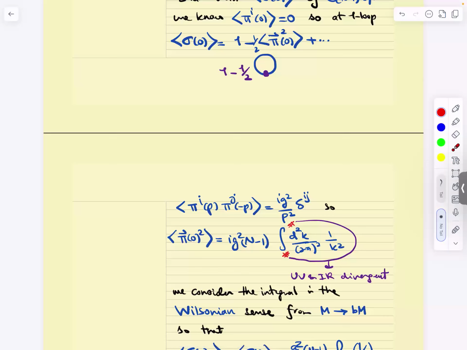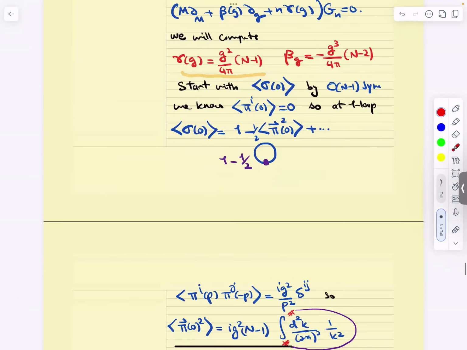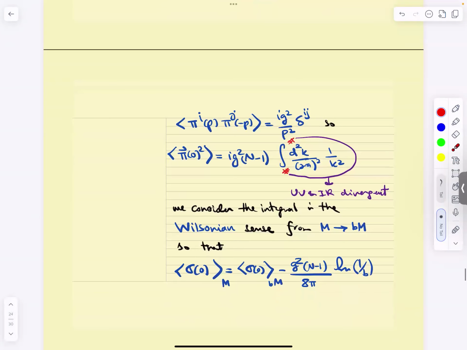So this becomes i g squared n minus 1. Why n minus 1? There are n minus 1 pi fields running in the loop. Integral of d2k over 2 pi squared, 1 over k squared. This is both UV and IR divergent. That's pretty darn bad. But let's not worry much about it and do Wilsonian RG.